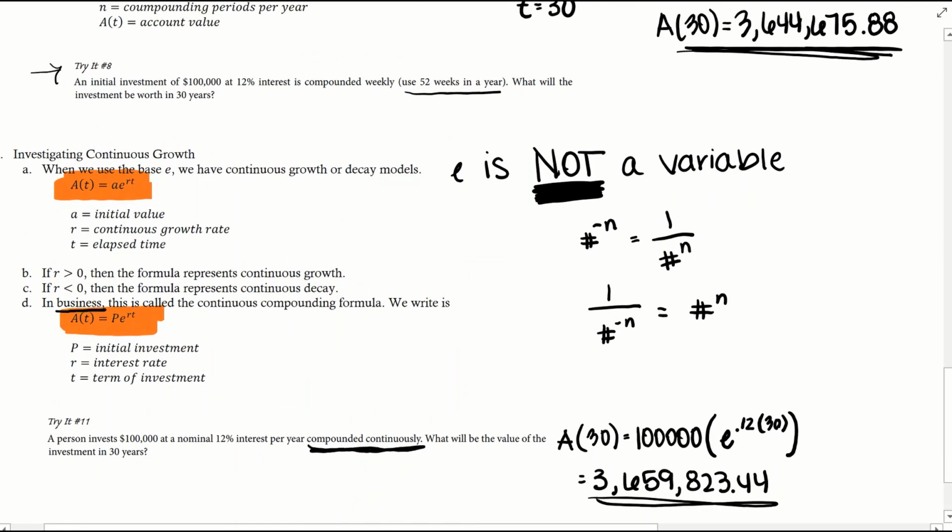Notice that it is actually larger, and it is larger by about $15,000 over the course of 30 years. So it's about $500 a year extra when it's compounded continuously. So a little under $50 a month or something.